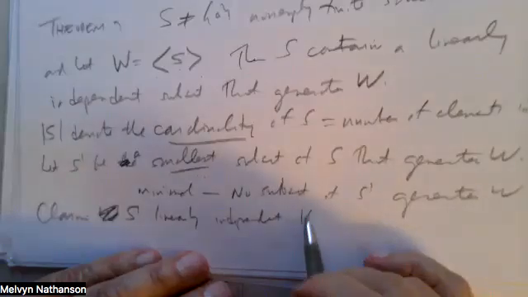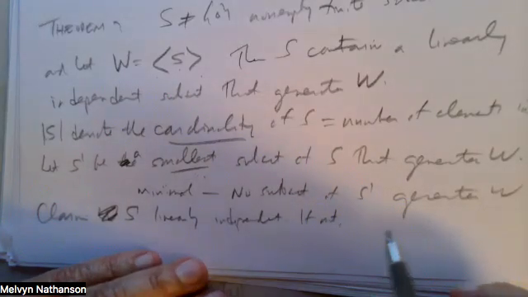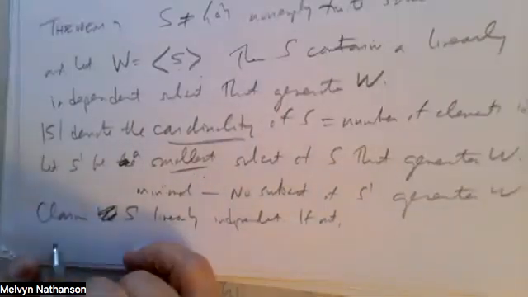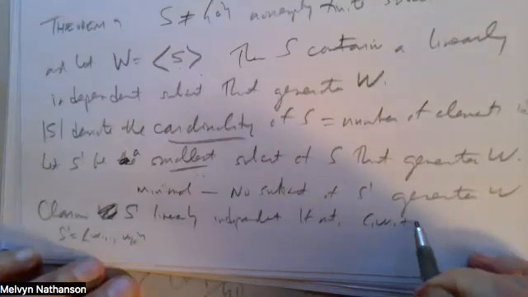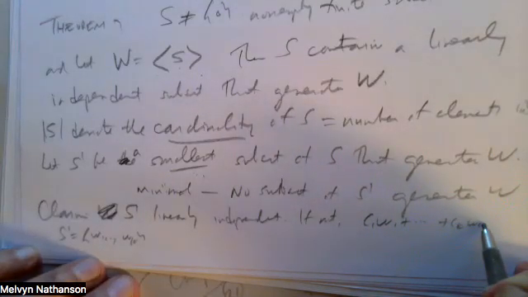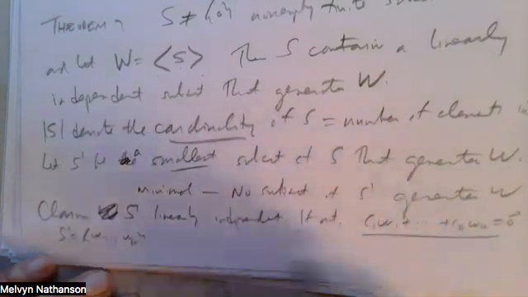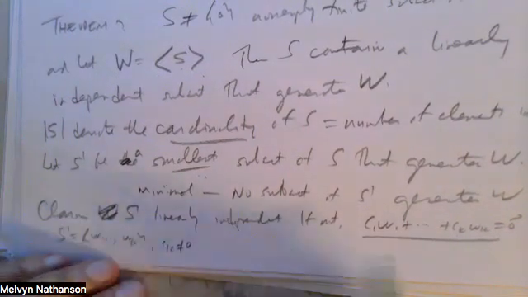If not, you can find some linear combination of them. Suppose S prime consists of k vectors, W1 up to Wk. Then you would have c1 W1 up to ck Wk is the zero vector, and one of these coefficients will be different from zero. Say ck is different from zero.